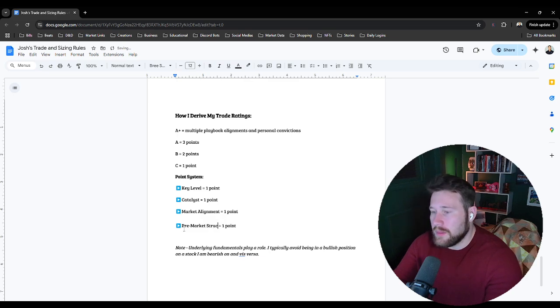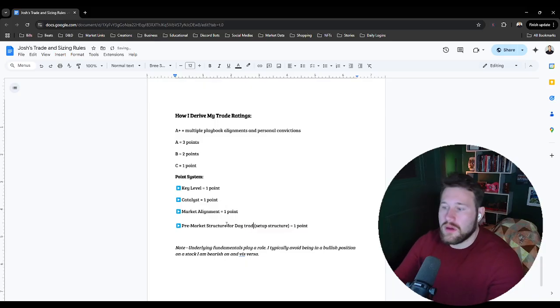like if you're looking for a setup into the day, or in parentheses, setup structure. Here's how I'll do this.